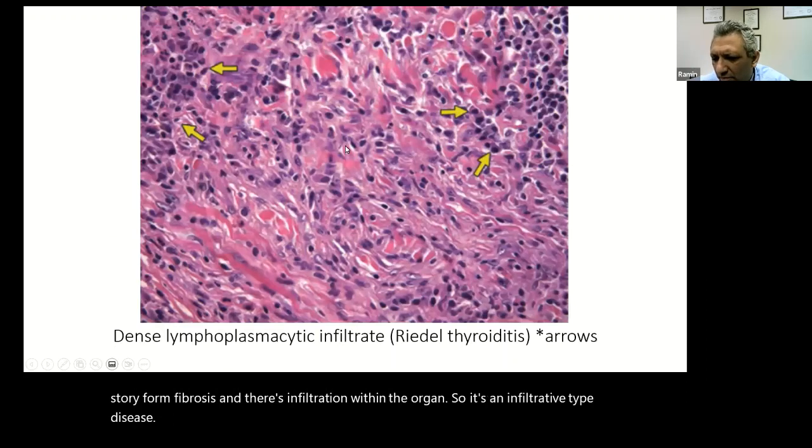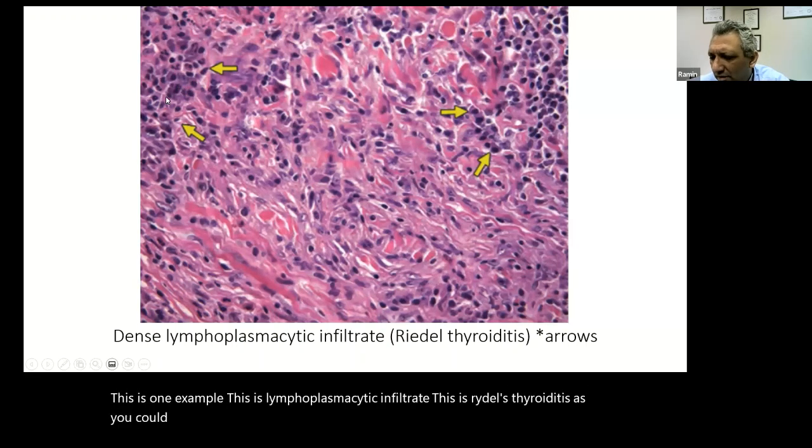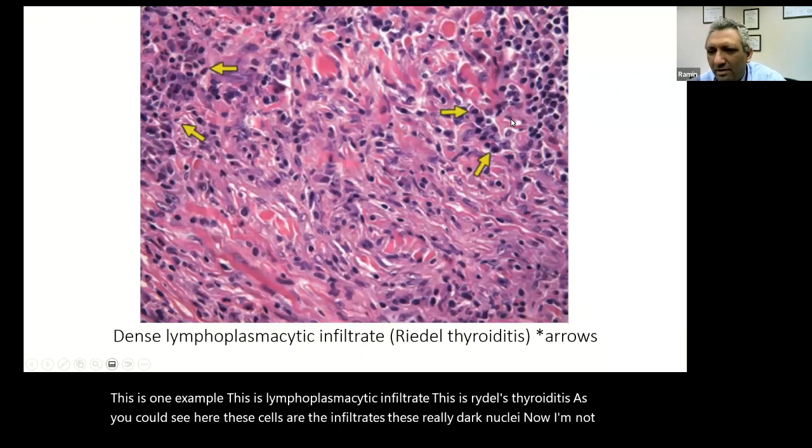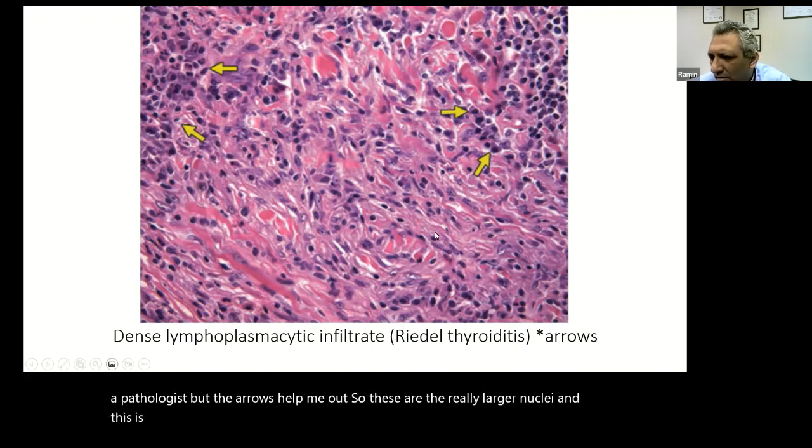This is one example, a lymphoplasmacytic infiltrate. This is Riedel's thyroiditis. As you can see here, these cells are the infiltrates, these really dark nuclei. Now, I'm not a pathologist, but the arrows help me out. These are the really larger nuclei, and this is the rest of the thyroid.